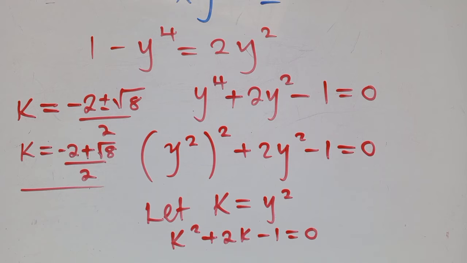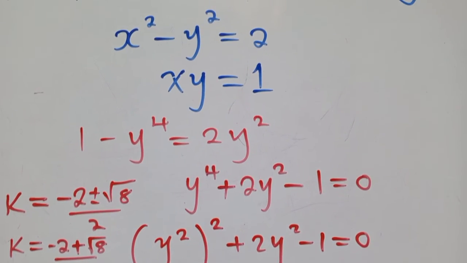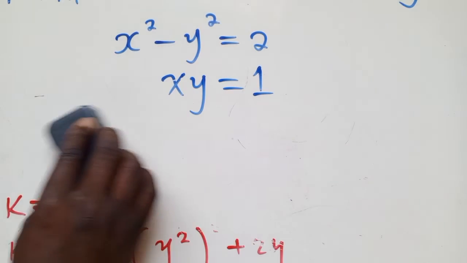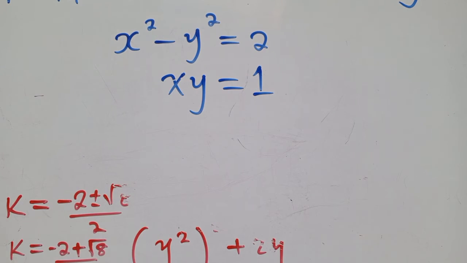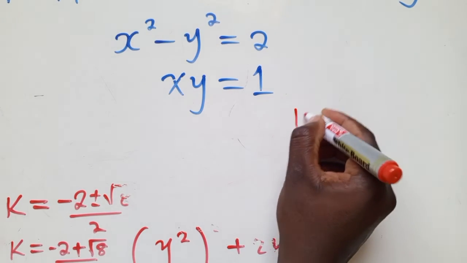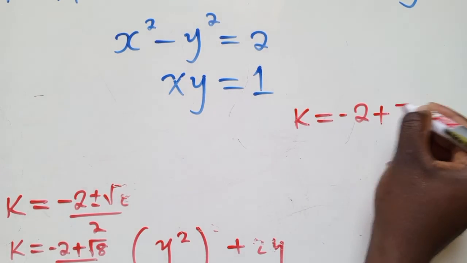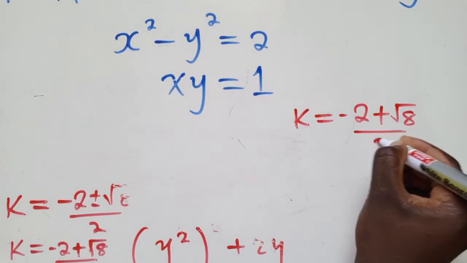Okay. So remember, at some point I said let k be equal to what? y squared. So let me write it here so that we don't mess up. We know that k is equal to (-2 + root 8) over 2.